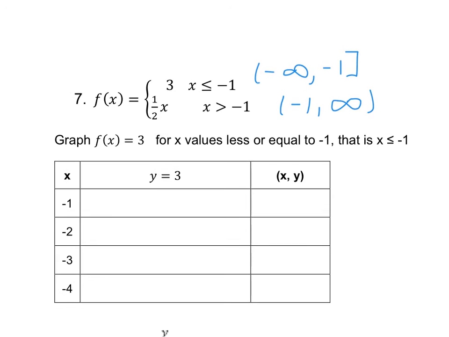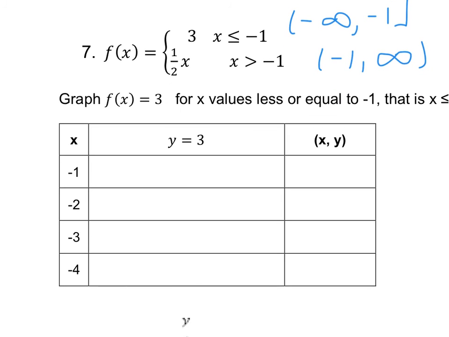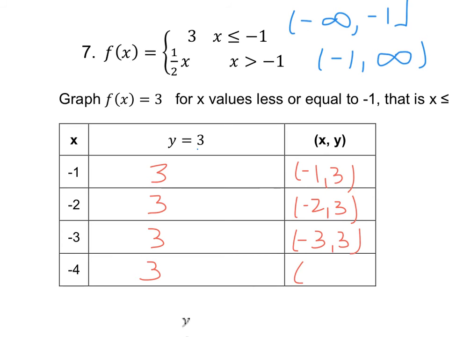Okay, we have values of x, negative 1, negative 2, negative 3, negative 4, to plug in. Those fit in that interval of values of x, but our function is just equal to 3. So that means that for each of these values of x, we just get a y value of 3. So our points are (-1, 3), (-2, 3), (-3, 3), (-4, 3).